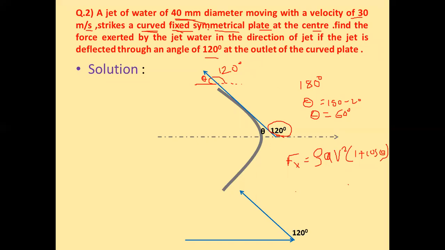Area: 40 mm diameter is given to us. First of all, we convert mm into meters, that is 0.04 meters, and we find the area by pi by 4 d square. Velocity v is 30 meter per second, into bracket 1 plus cos theta. Theta is 60 degree. So you can directly find out the answer here.